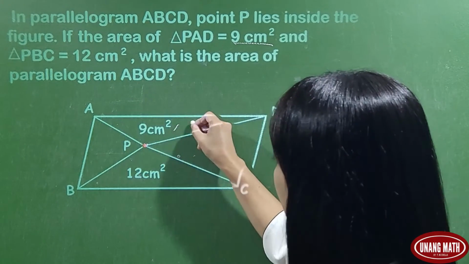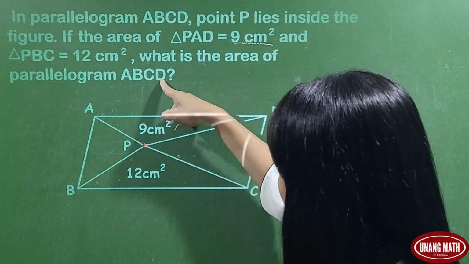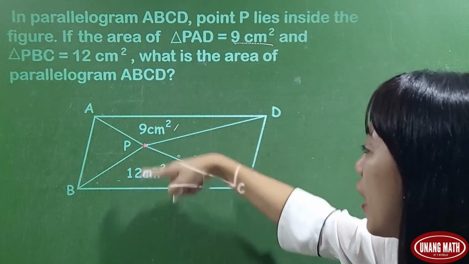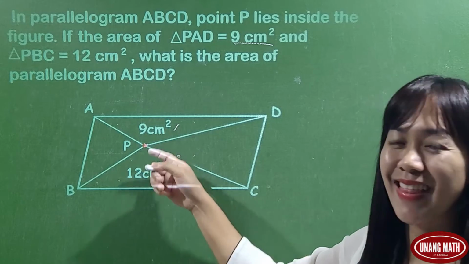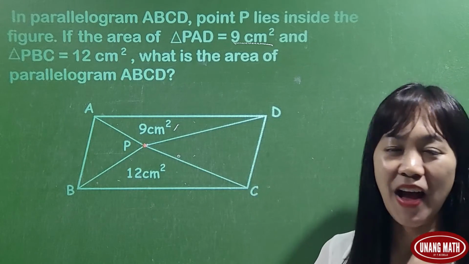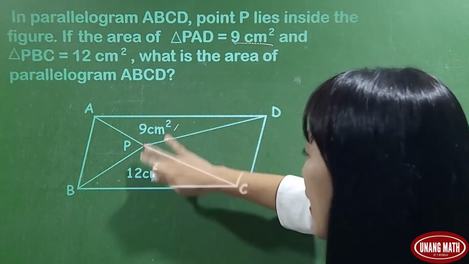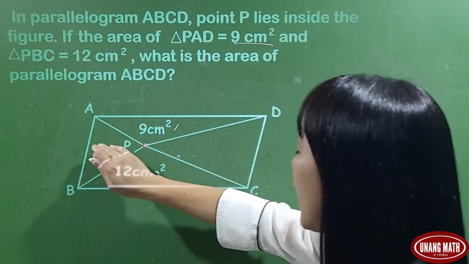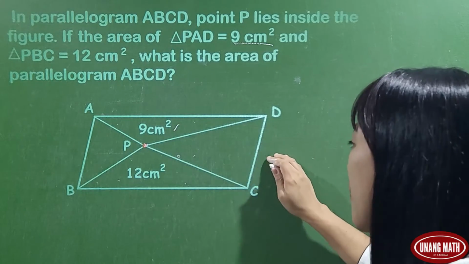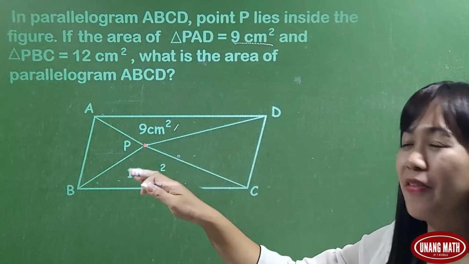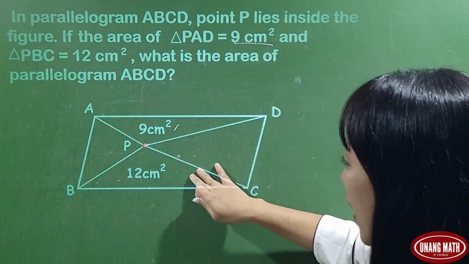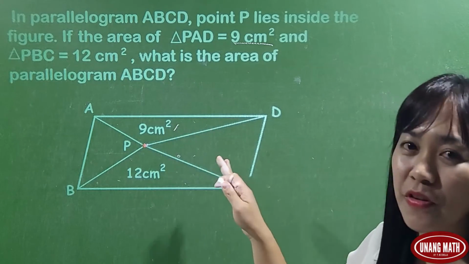Okay, this triangle plus this triangle on top and below, if we add these two areas, that's half the area of this parallelogram. And this left and right side would also be half the area of this parallelogram. So if we add this together, then that's the total area for this parallelogram.